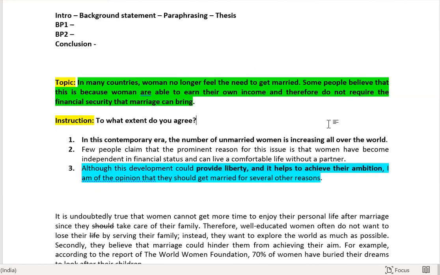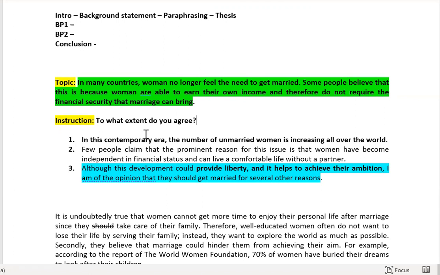So basically, what is the question? The question is that women are not getting married because they do not require the financial security that marriage can bring. Now, this is the problem.